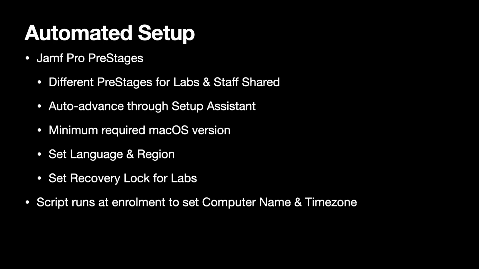Likewise, we use the pre-stage for setting the language and region, and we use recovery lock on the lab machines, so basically users can't pop into recovery and bypass SIP and all the other security features. And then we're still having to rely on things like scripts to set computer names and set time zones, because Apple hasn't given us a config profile for doing those.